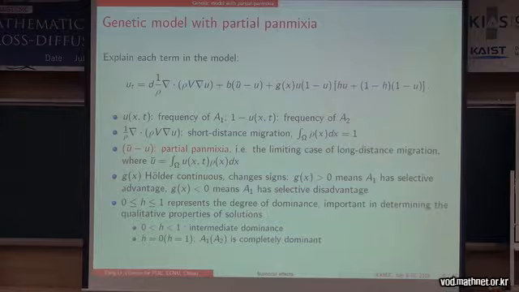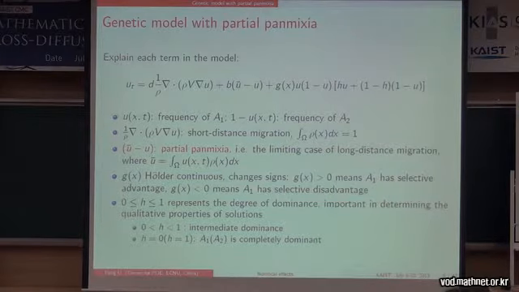Here's a parameter h. In this model, we just assume h is a constant between 0 and 1. It denotes the degree of dominance. This actually is a very important parameter in this model. It affects the qualitative properties of the solutions.